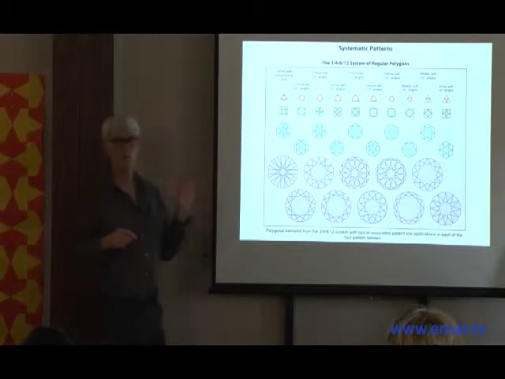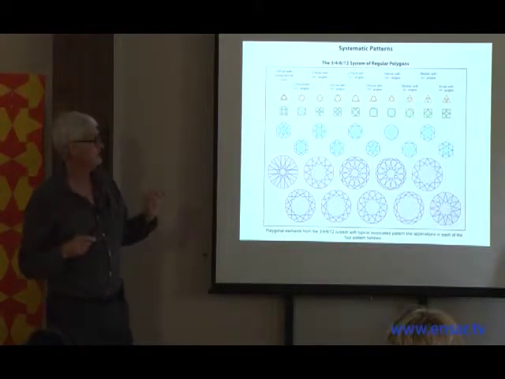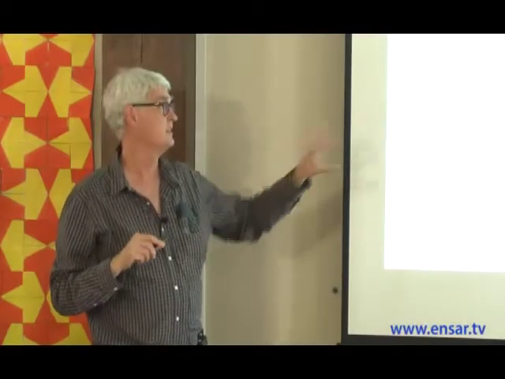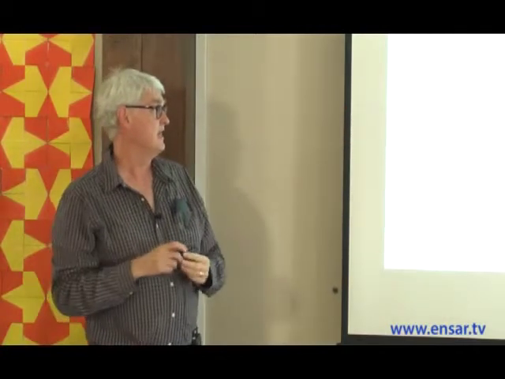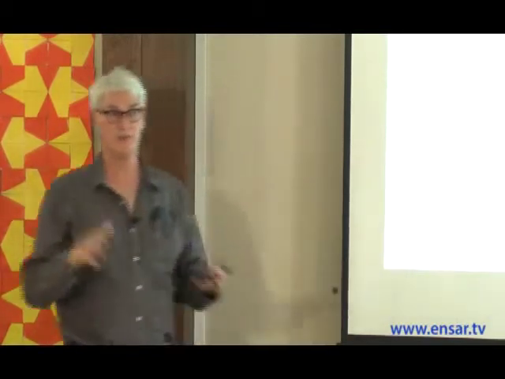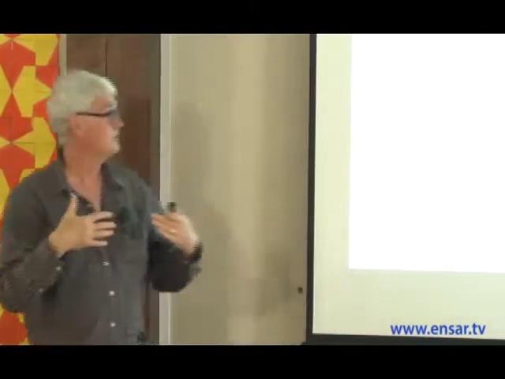And one of the reasons I think this is the case, when you look at the historical patterns that can be made from this system, is that these are early patterns from the 11th century, even some from the 10th century, but mostly from the 11th, 12th, 13th century, when this system was coming to maturity. And in those early days, there was a lot of play, a lot of experimentation.